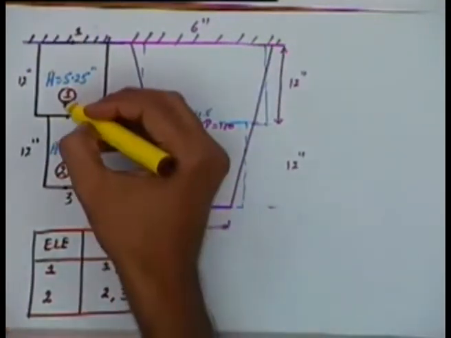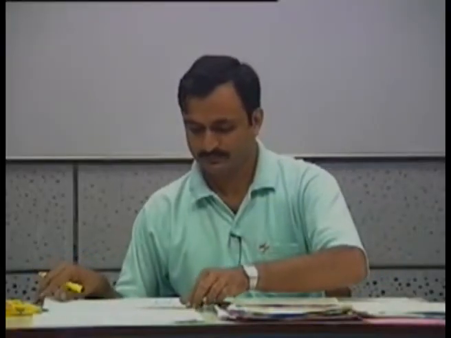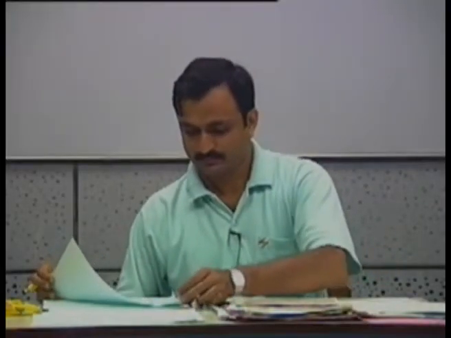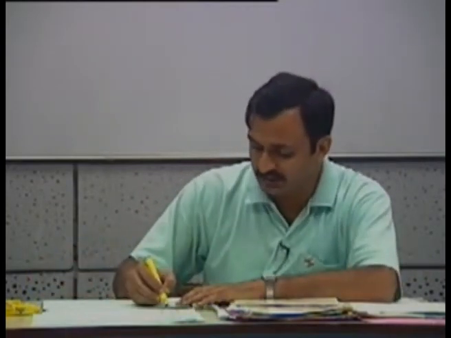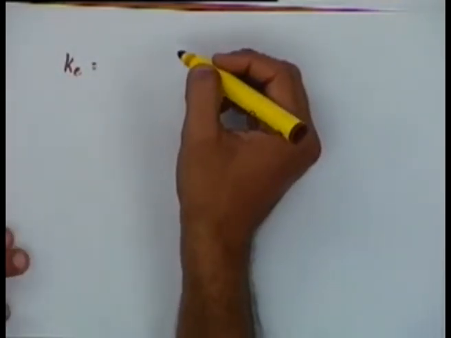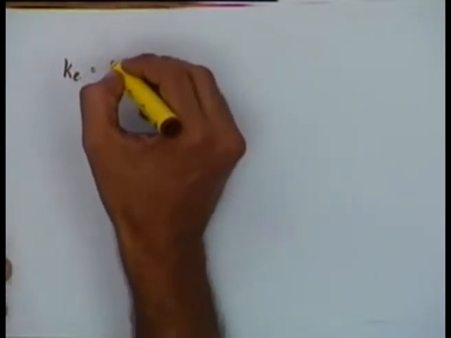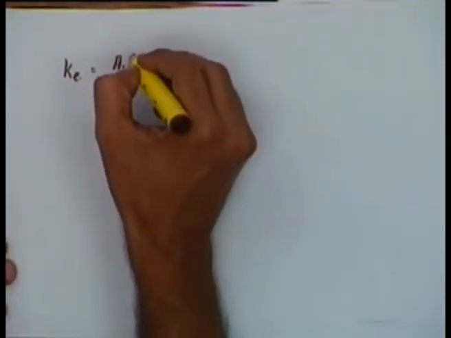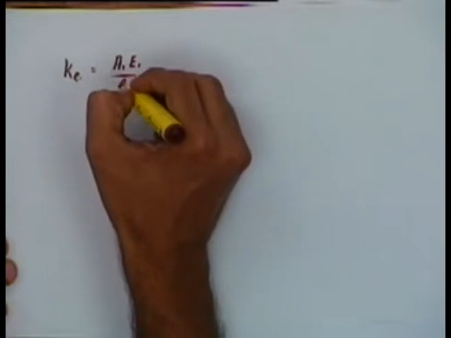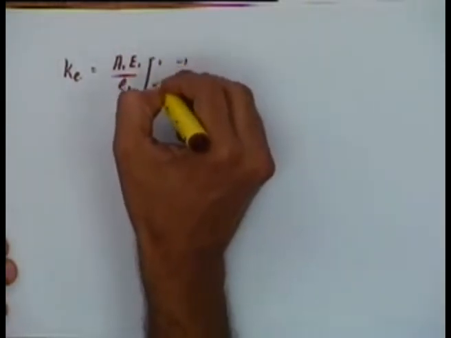Now, if I take the first element, and I want to write down the Ke term, what is the expression for Ke? It is A1 E1 by the length of the element, multiplied by the matrix 1 minus 1 minus 1 1.